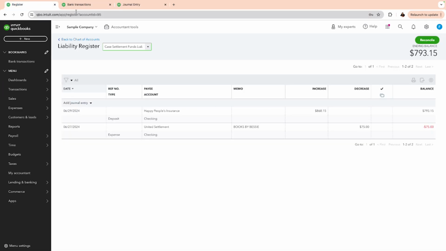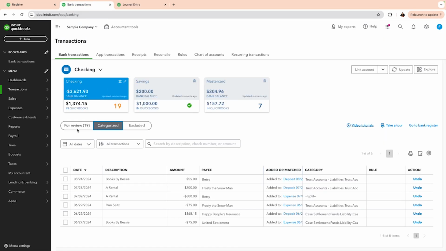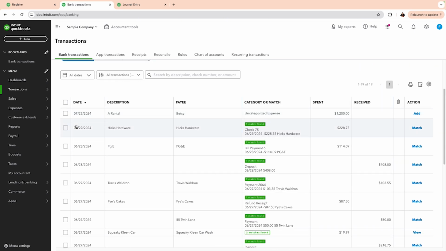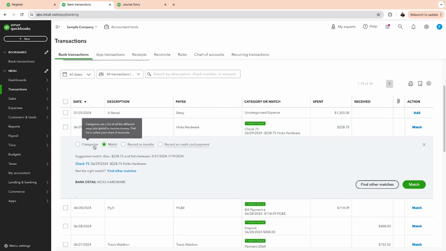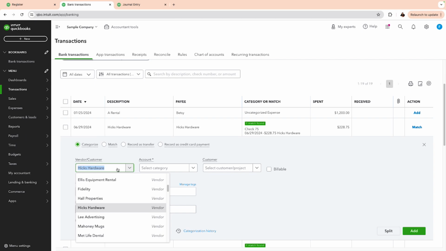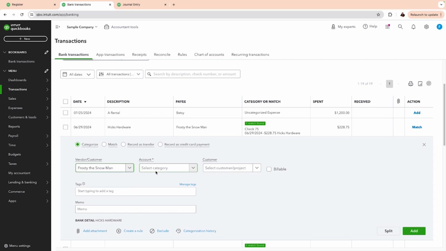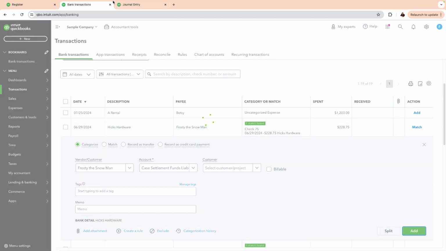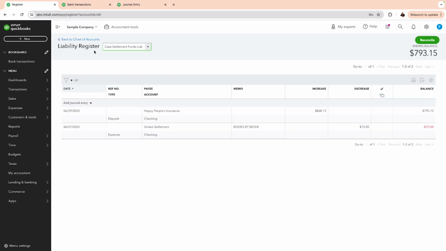I don't think I have a transaction here that I can use. Maybe I do. Let's say that this money was actually paid to the client. I'm gonna put here that this was paid to Frosty, so you can see exactly what's gonna happen. This came from the checking account, not the trust. We're dealing with the case settlement here, and we're gonna record this expense, and this is going to take out of the liability account. And now we're gonna verify what is the balance.